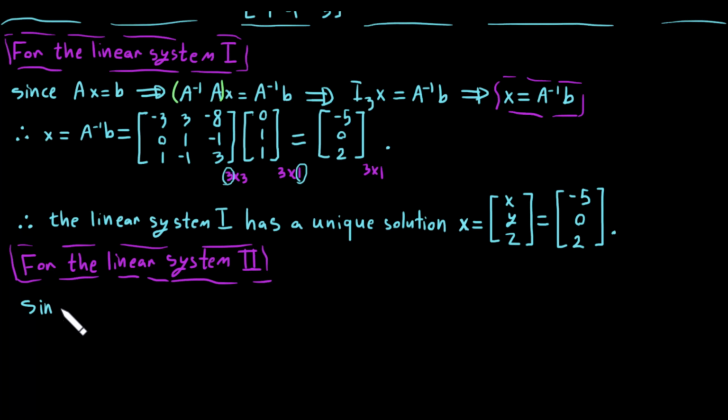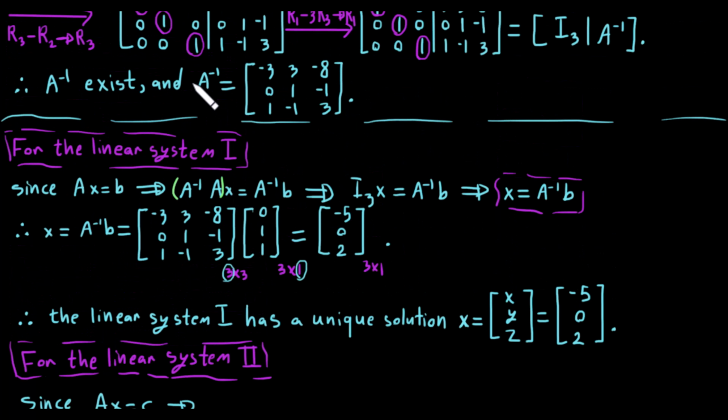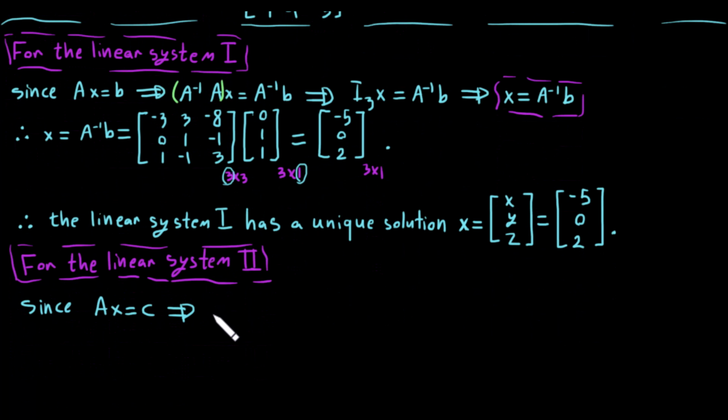So since AX equals C, and since A inverse exists, as we wrote here, we multiply by A inverse from the left on this equation.